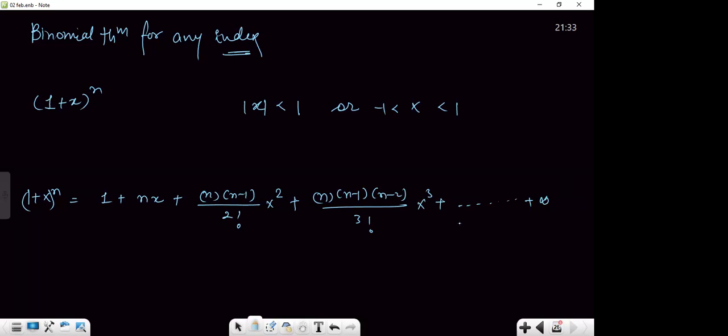In the expansion, n belongs to real numbers. n belongs to real numbers, I repeat. Let me write the condition here: n belongs to real numbers.